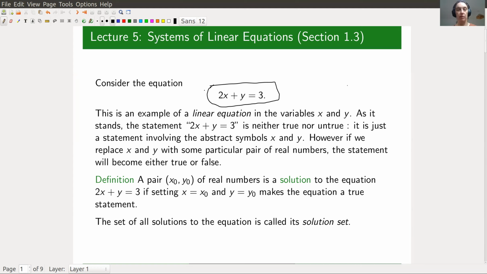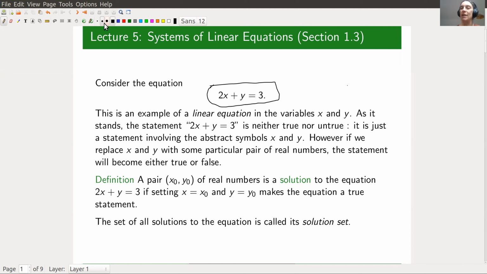So for example, with this particular equation, if we put x and y both equal to 1, we get 2 times 1 plus 1 equals 3, which is a true statement. So x equals 1, y equals 1 would be a solution of that equation. x equals 2, y equals minus 1 would be another one. x equals 2, y equals 2 would not be a solution, because that would make 2x plus y equal to 6, which isn't equal to 3.